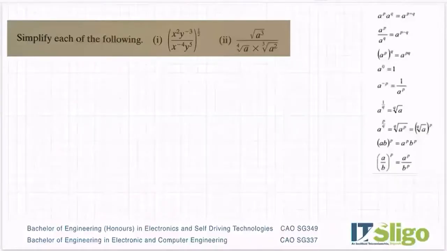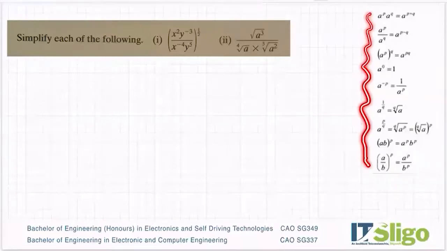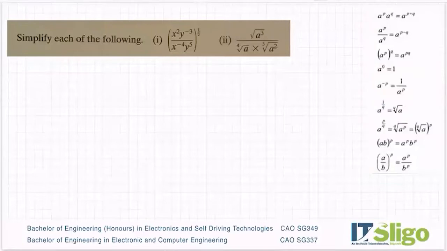And to do any of these, you literally run up and down this list of rules and you apply them as you see fit. So there's a couple of ways you could approach this one. You could use this rule here, second from the bottom, maybe the last one, because it's a division, and you apply p to the top and you apply p to the bottom.